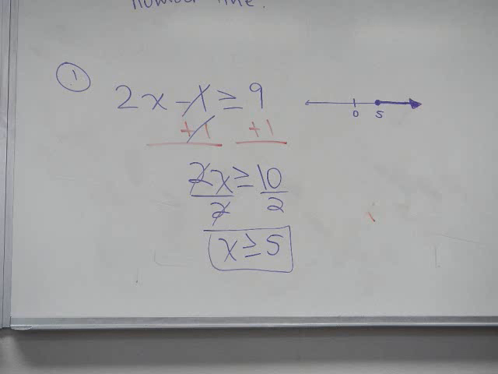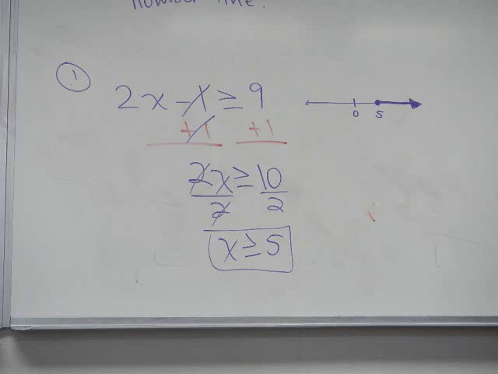This will cancel out, right? Correct. 2x. Do I have to worry about my inequality? No, it stays the same. Divide by 2. Do I need to reverse this? No. x is greater than or equal to 5. This is your solution.